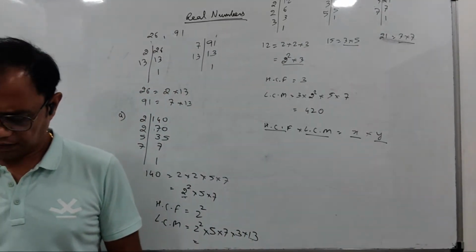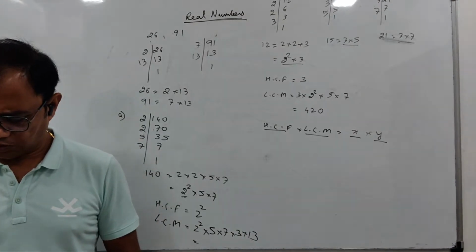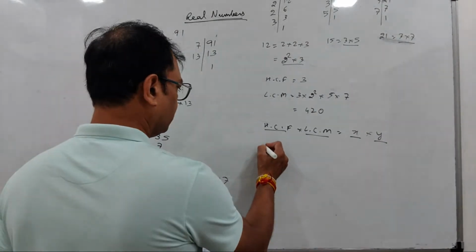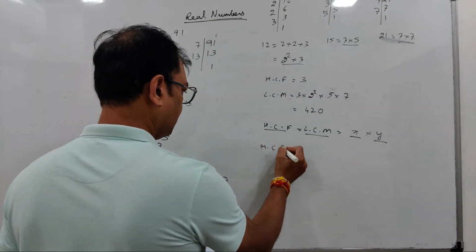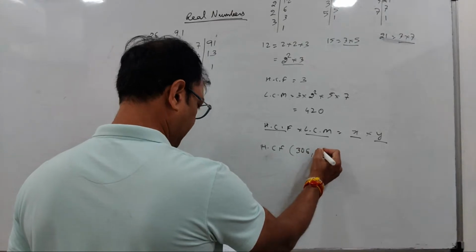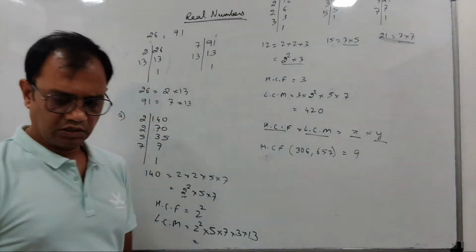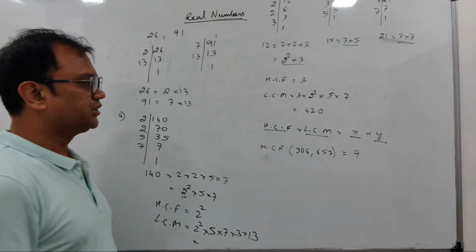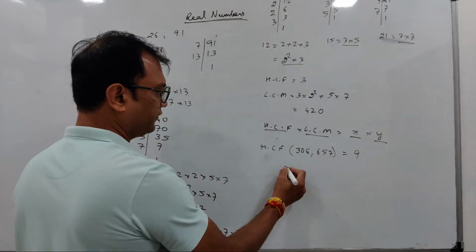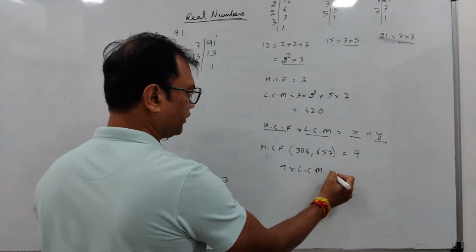You see this rule. So for example, the next question, number 4, is that HCF of 306 and 657 is given to you as 9. So no need to find out the LCM separately. We'll use this rule. HCF is 9, LCM we need to find out.